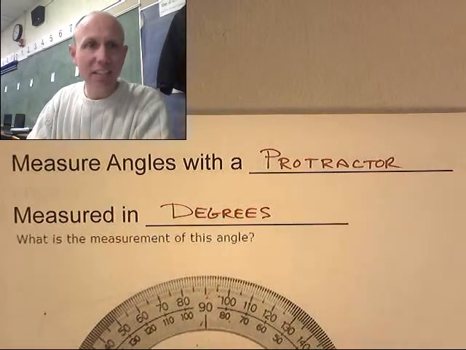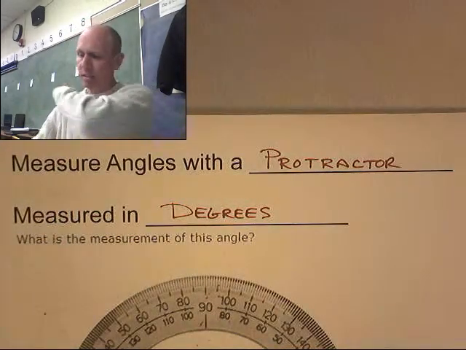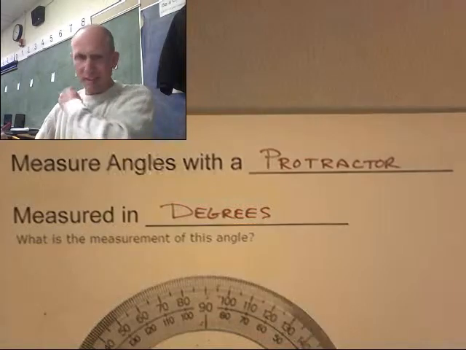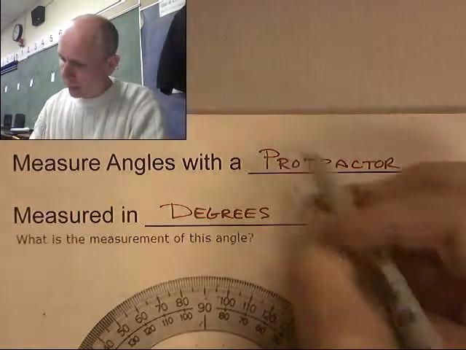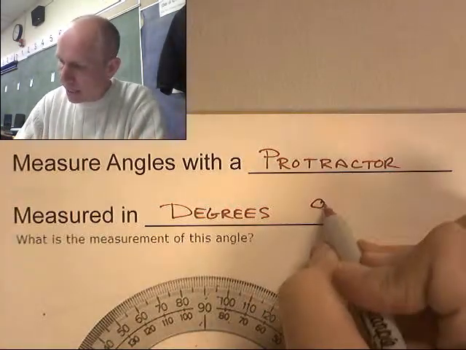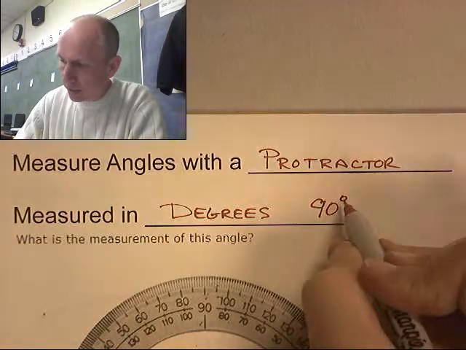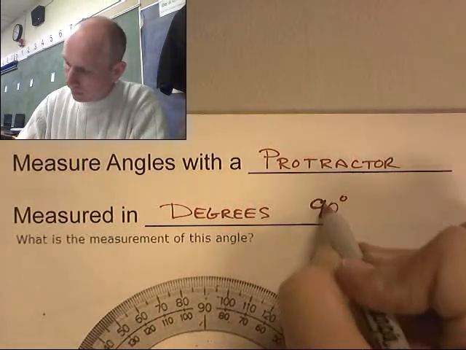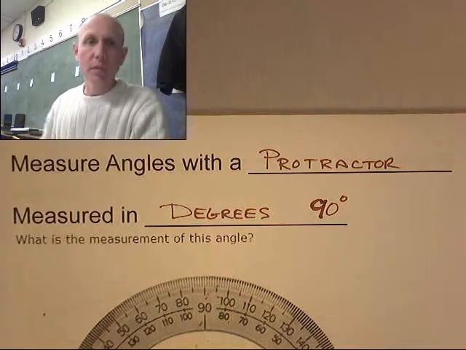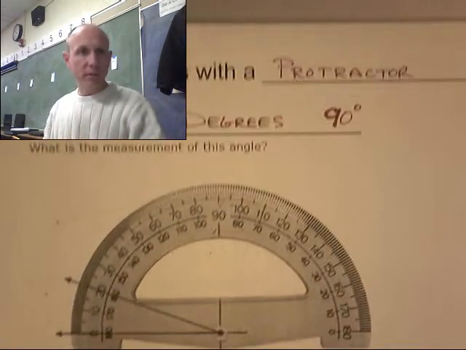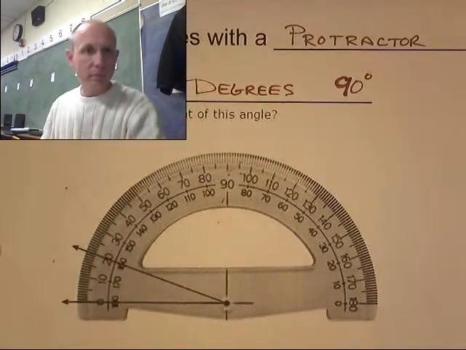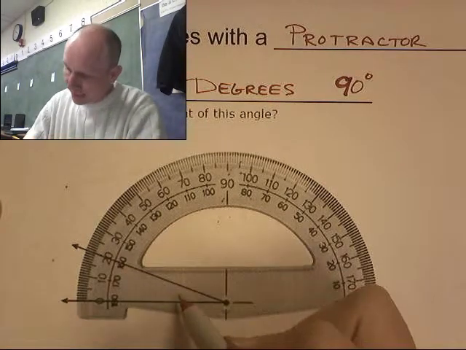Did I put too many E's on that? Degrees? Oh, man. And we use a little, like 80, 90 degrees. This little circle indicates degrees. So let's measure an angle. So what is the measurement of this angle? It's a little angle.